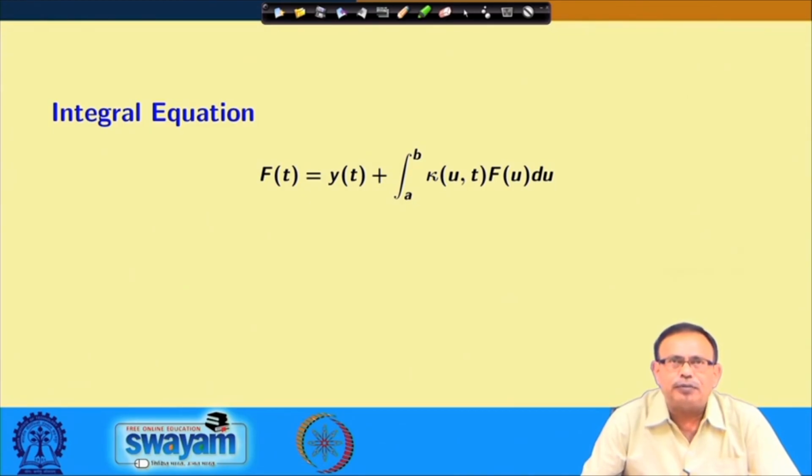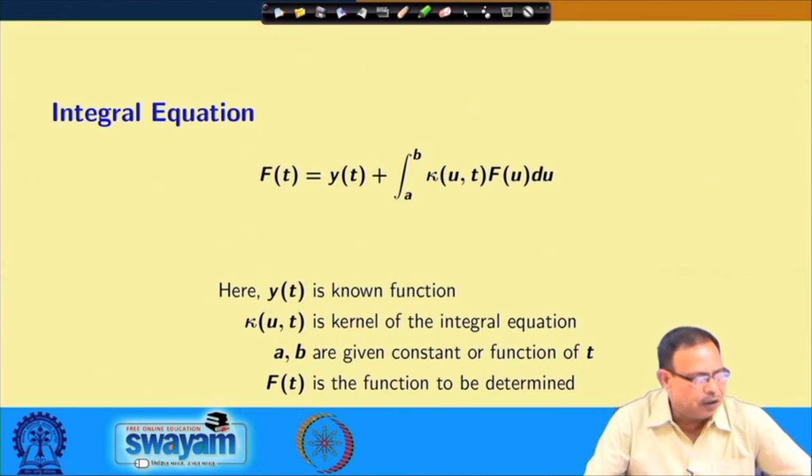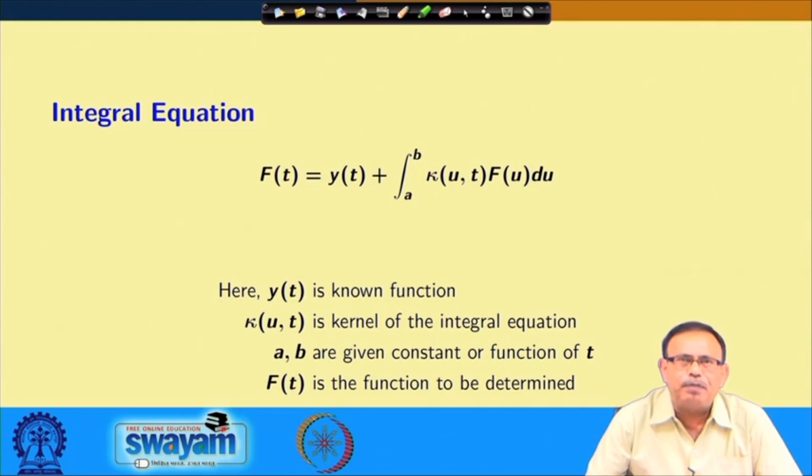Here y(t) is a known function, k(u, t) is the kernel of the integral equation, a and b are given constants or it may be functions of t also, and f(t) is the function which we have to determine. Please note that f(t) is coming inside the integral sign, and then only we call it an integral equation.